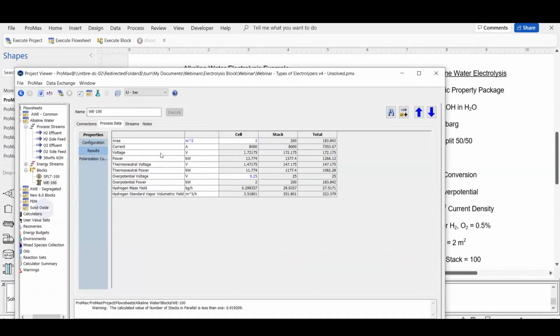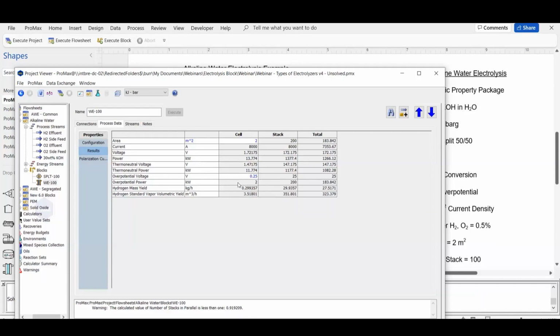I've got some results that are called out, but we also have a results table. In this results table, you can see the total current, voltage, and power on a cell, a stack, and a total basis. You can see the thermoneutral voltage calculated as well. So at this temperature and pressure, no matter what you enter for your overpotential voltage, you'll always get the same thermoneutral voltage and thermoneutral power, likewise on a cell, stack, and total basis.